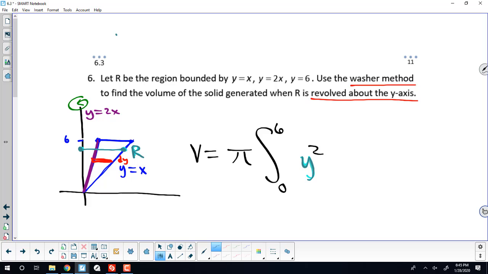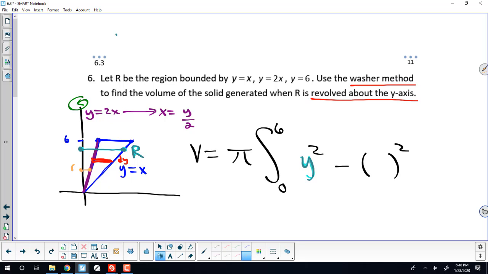That's our outer radius squared minus our inner radius squared. What's our inner radius? It's this thing here. Right minus the left. The right is again 2x. We need that in terms of y though, so we need it as x equals y over 2. So the right is y over 2 minus the left again, which is 0.